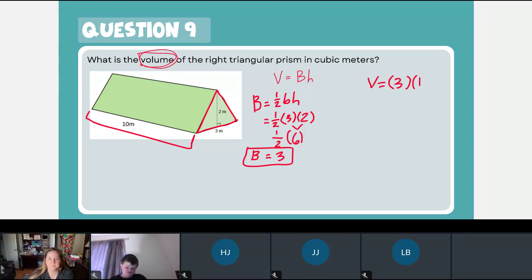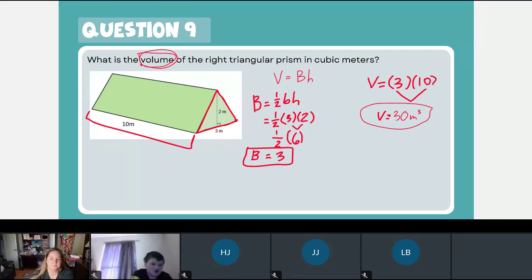Very good. Okay, what is 10 times 3? Very good. And when you're solving for volume, remember that would be meters cubed with little 3. And that's your final answer for number 9.